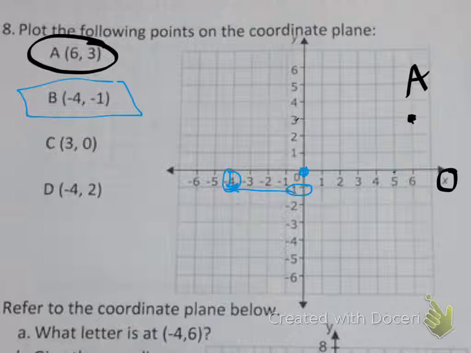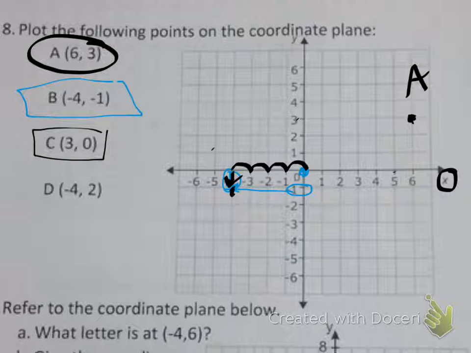Or we could start at the origin and go backwards 1, 2, 3, 4, and then go down 1. So we're going to end right there. And this of course is going to be B.